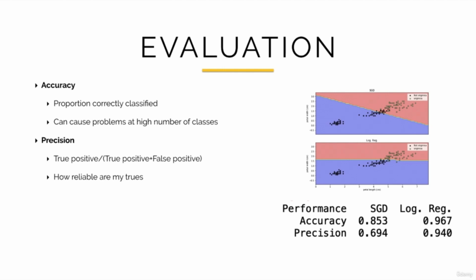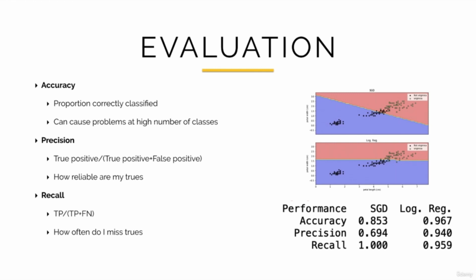Precision is really good to use when you want to know how reliable are my truths. When I say this is the case, then it's very likely that this is the case. Now, another type that you can use is something called recall, where you look at the number of true positives over the sum of the true positives and the false negatives.